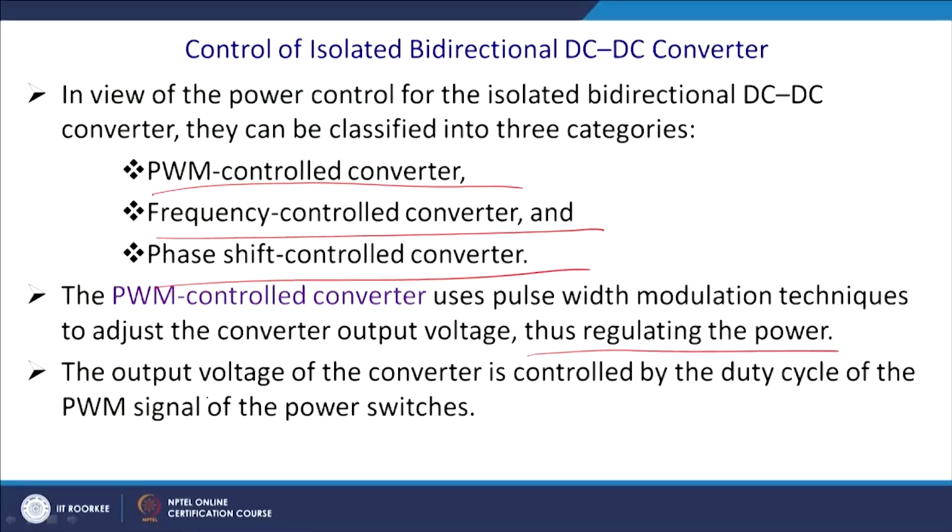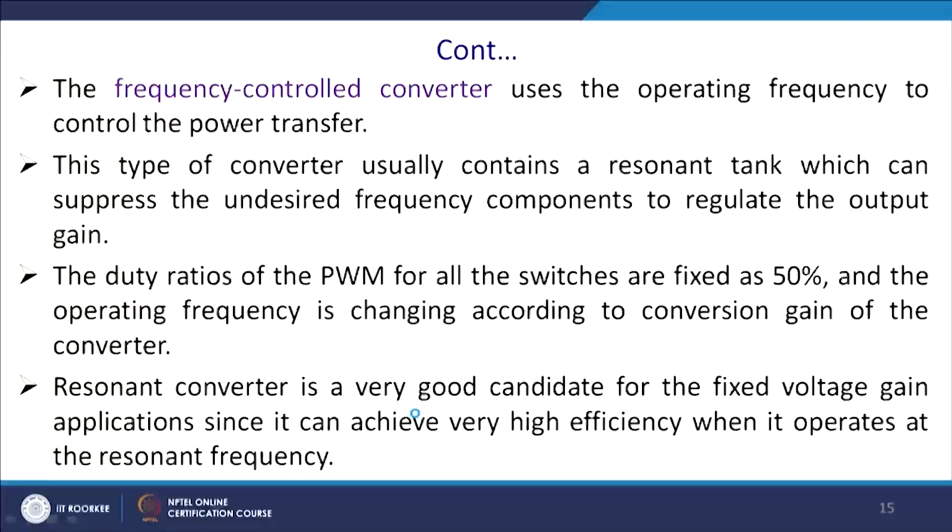The output voltage of the converter is controlled by the duty cycle of the PWM signals of the power switches. Next, the frequency control converter uses the operating frequency to control the power transfer.